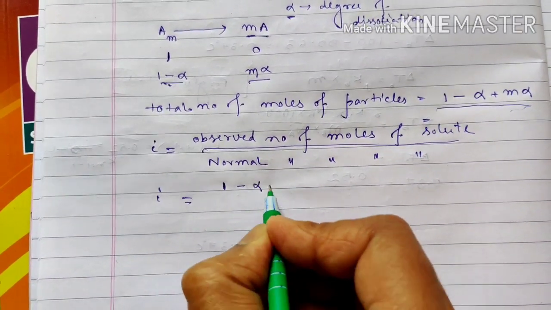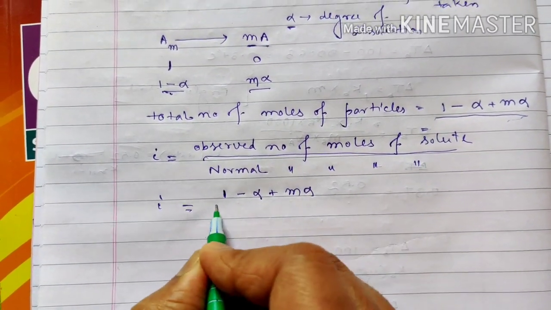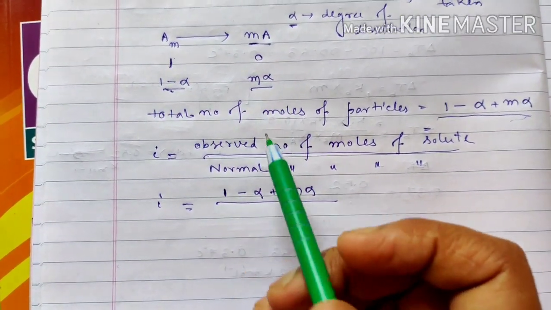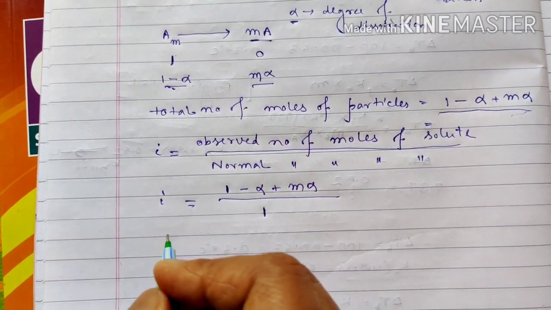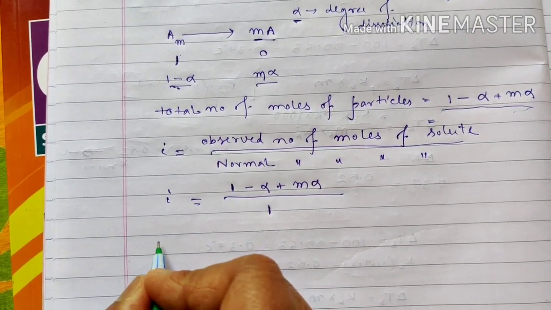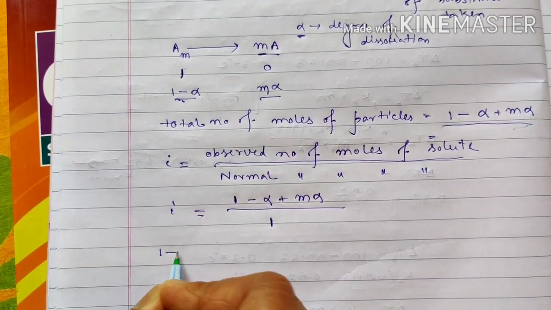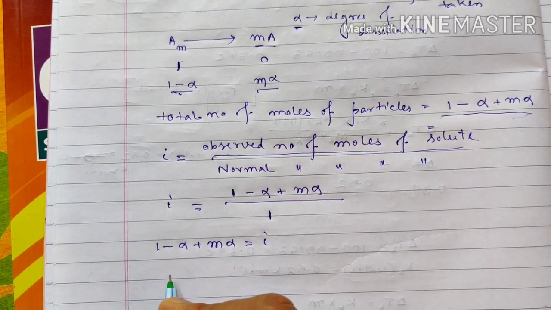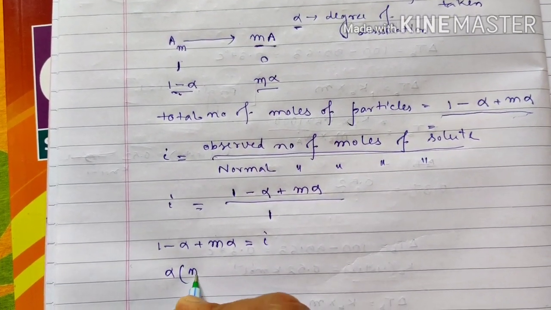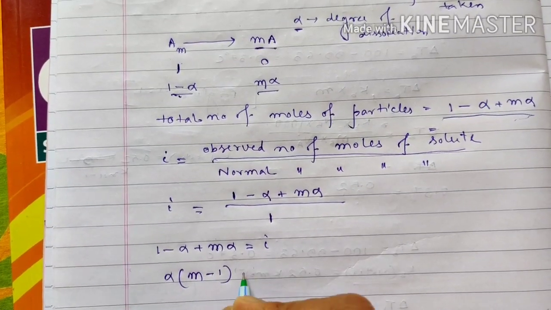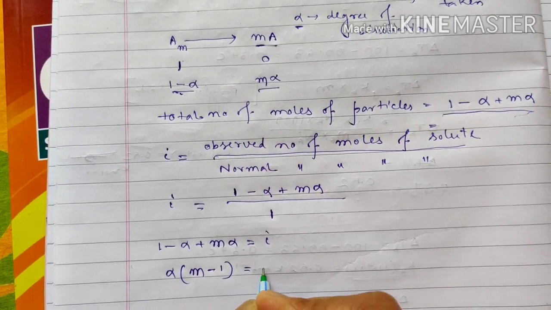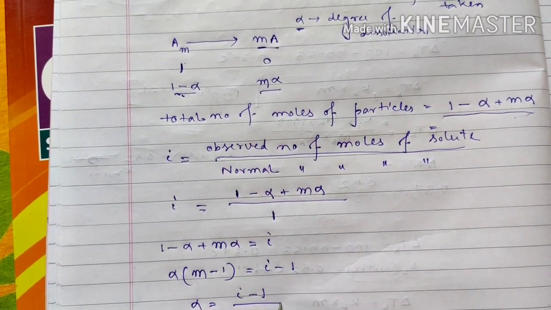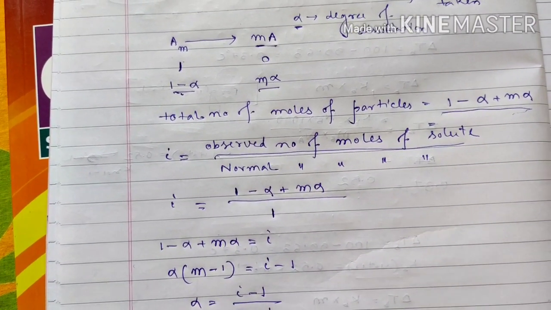So 1 minus alpha plus m alpha divided by the expected one. 1 will be dissociated into 1 only. So now if we simplify, it should be 1 minus alpha plus m alpha is equal to i. Further simplifying, if we take alpha as common, alpha into m minus 1 is equal to i minus 1. So alpha value should be i minus 1 by m minus 1.